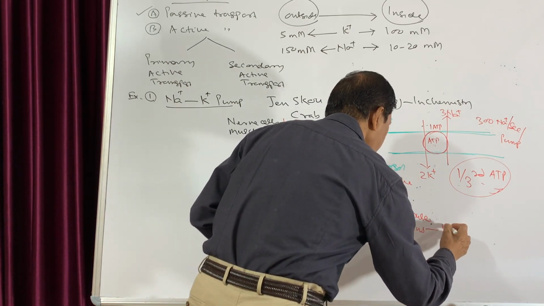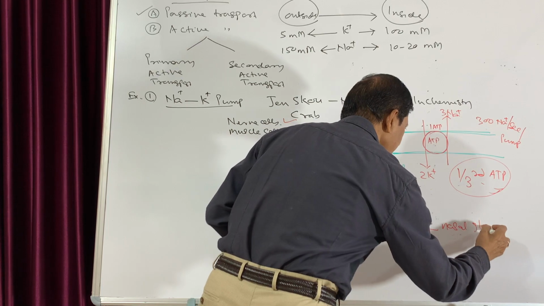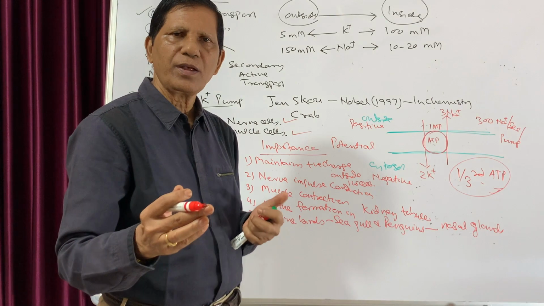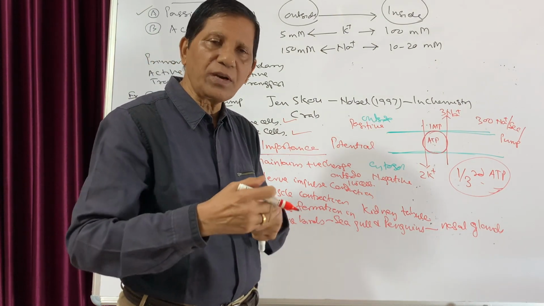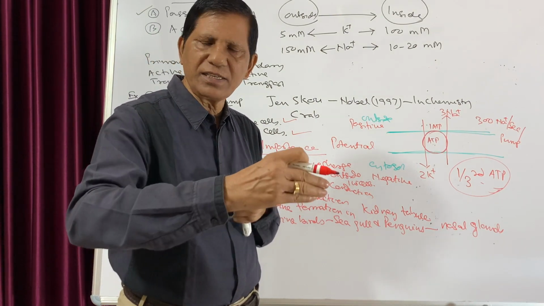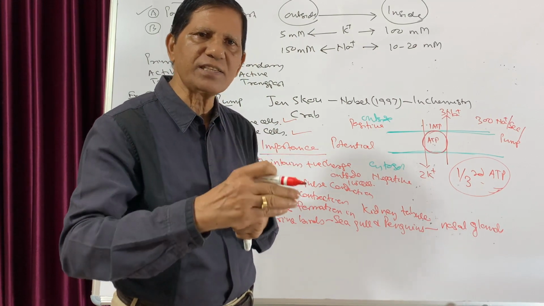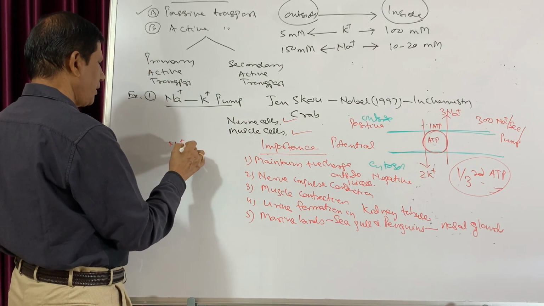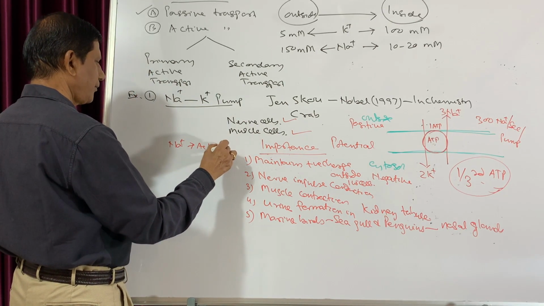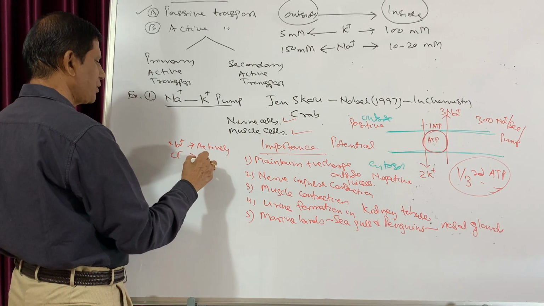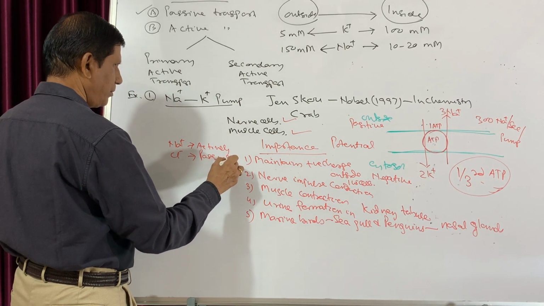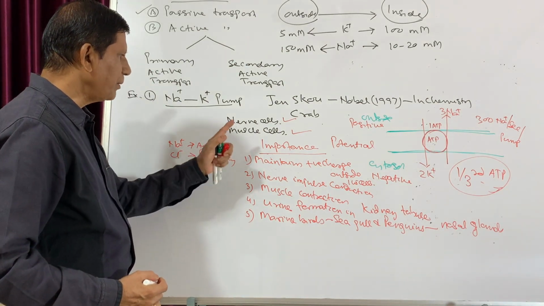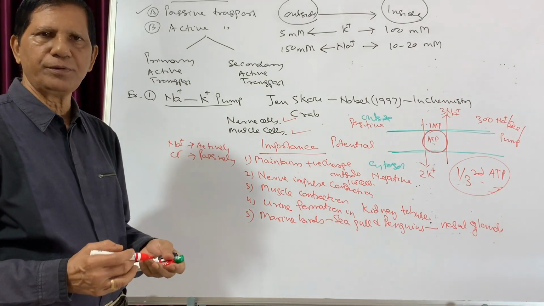They have nasal glands, and through the nasal glands they remove sodium. Once the sodium goes actively, chlorine is passed passively. So sodium goes actively while chlorine moves passively. These are the different importances of this sodium potassium pump.